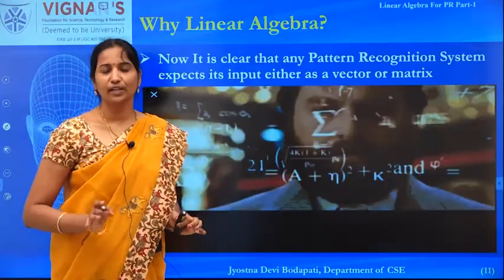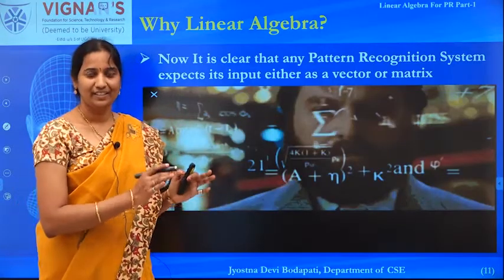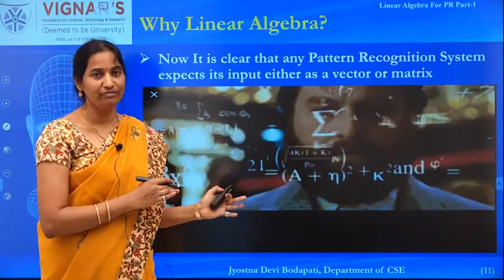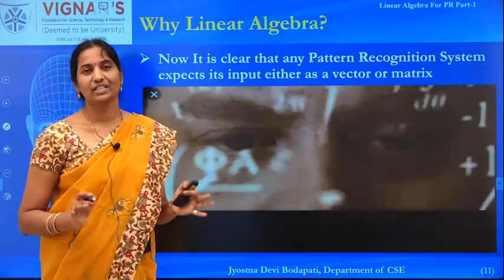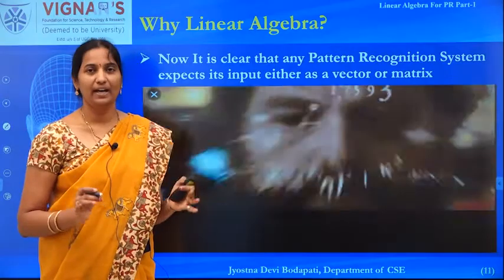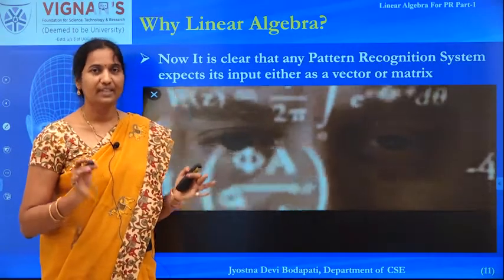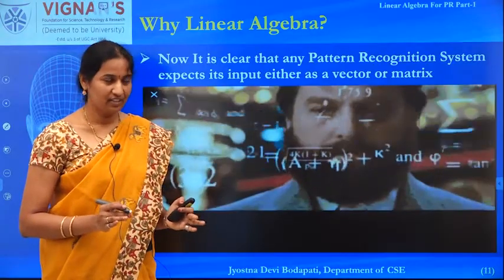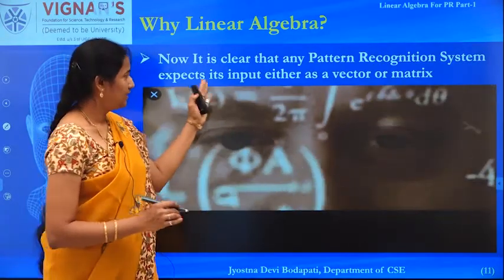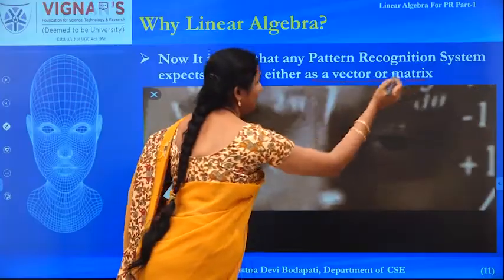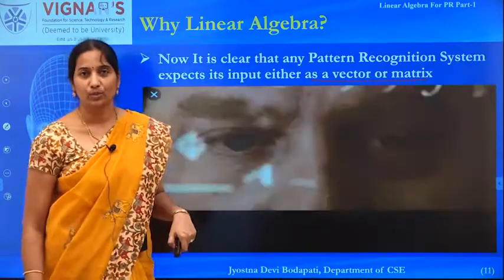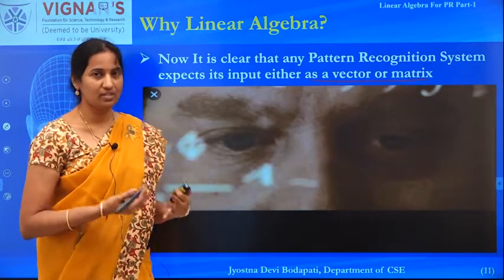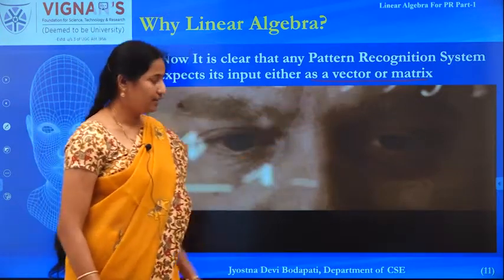So now the conclusion, depending on all the discussion that we had so far, is very clear: the input to the machine learning algorithm is a vector or a matrix, right? Your pattern recognition algorithm always takes a vector or matrix as input, and inside your model, the algorithm will be processing vectors and matrices.